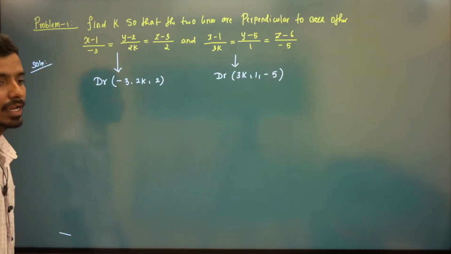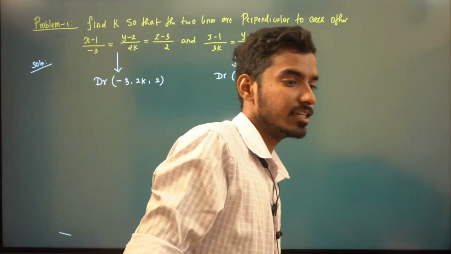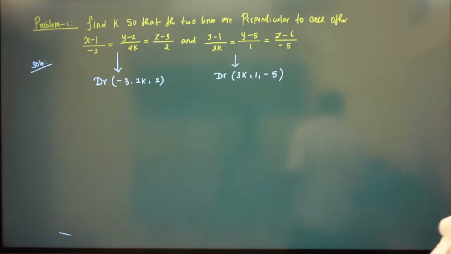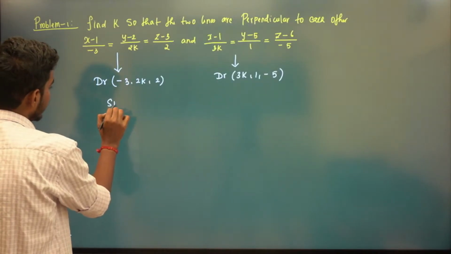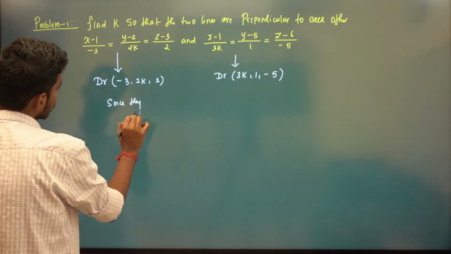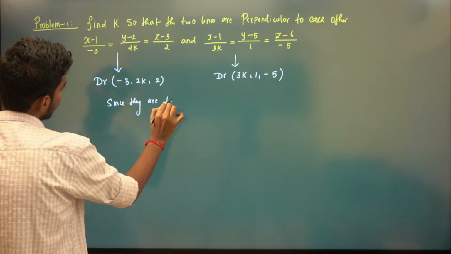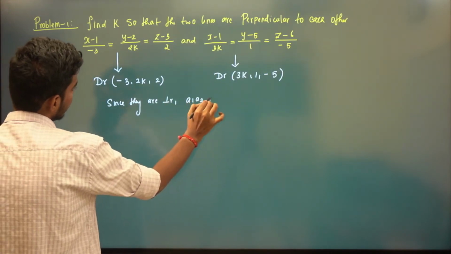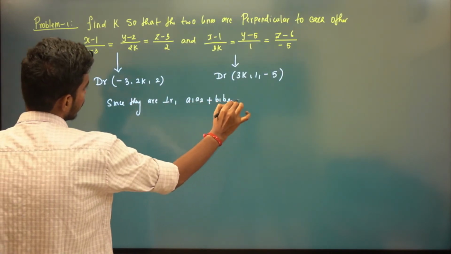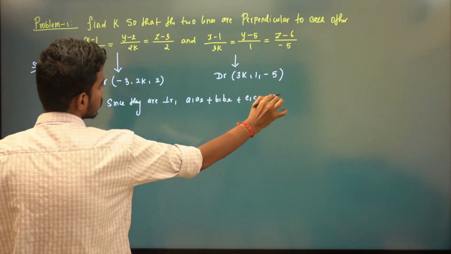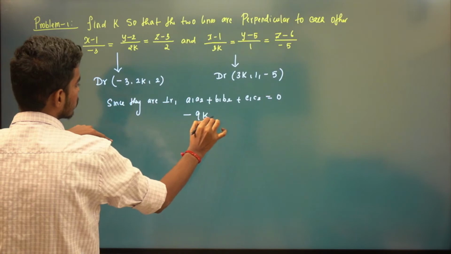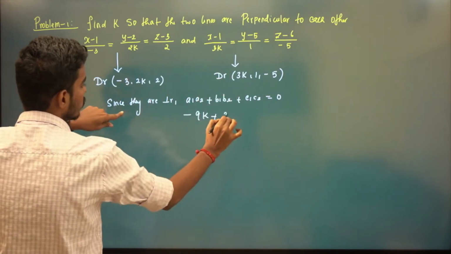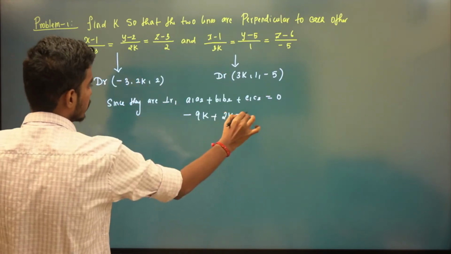Since they are perpendicular, the corresponding direction ratios must satisfy the condition for perpendicularity: a1 a2 plus b1 b2 plus c1 c2 is equal to 0. So a1 a2 is minus 9k, b1 b2 is 2k, plus c1 c2.